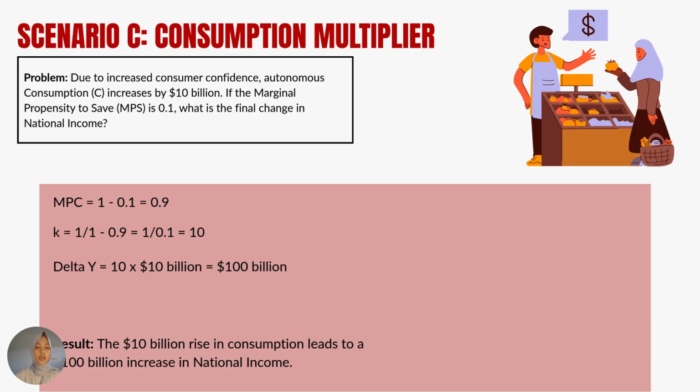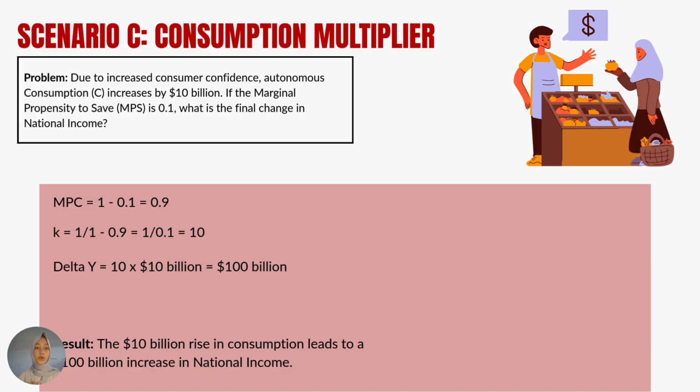Next, for the last one is the consumption multiplier. This is scenario C. So the problem here says due to increased consumer confidence, autonomous consumption, or C, increases by $10 billion.